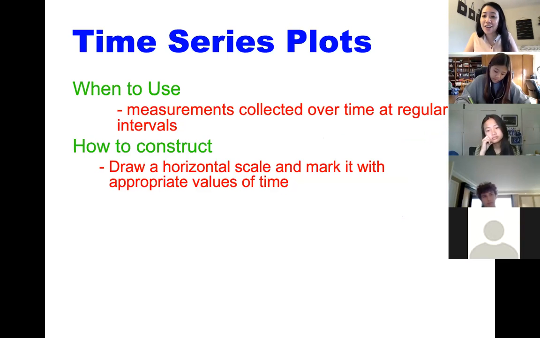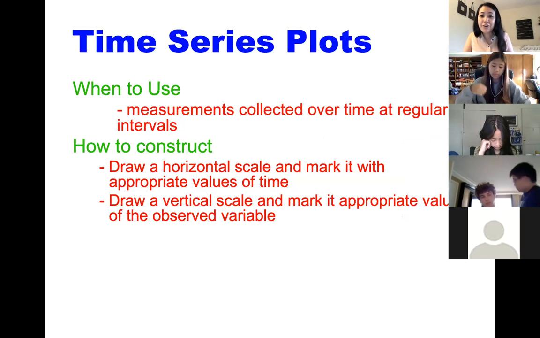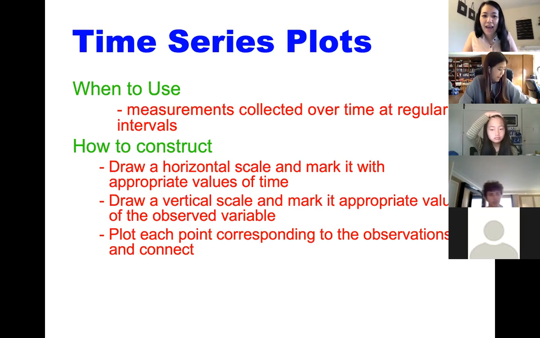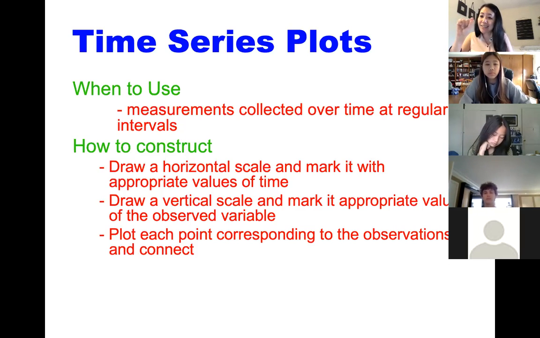So how to construct: you make a horizontal scale and mark it with the appropriate times. It could be in years, months, or seconds, it just depends. Vertical scale, mark it with appropriate values for whatever you're trying to measure. And plot each point corresponding to observations. This one, you're actually gonna connect the dots with line segments.